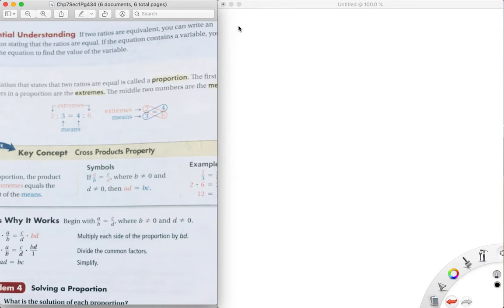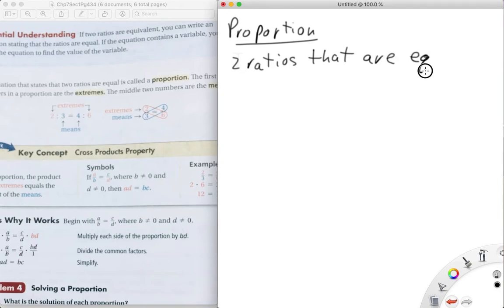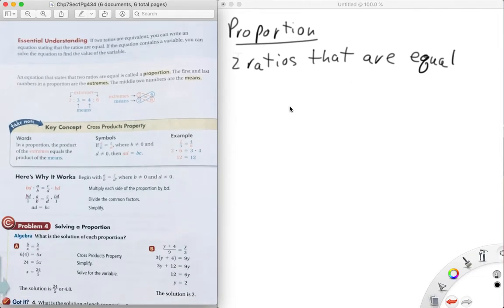Okay. A proportion is two ratios that are equal. Alright, two ratios that are equal, and I'm going to use the example in the book.